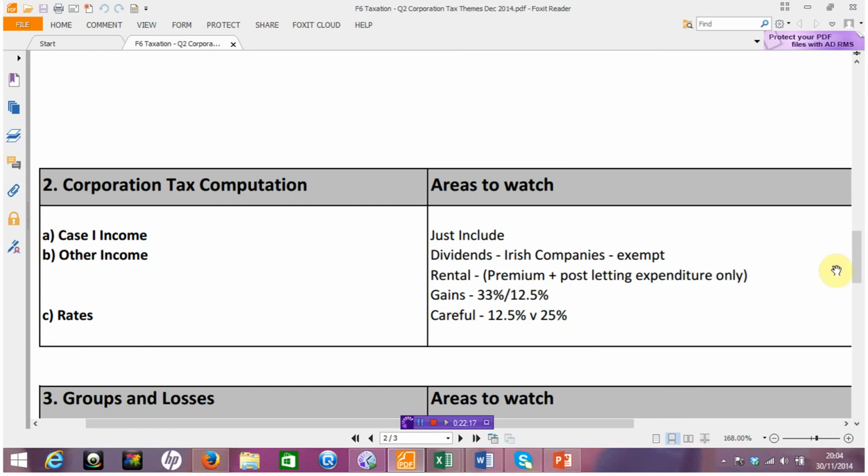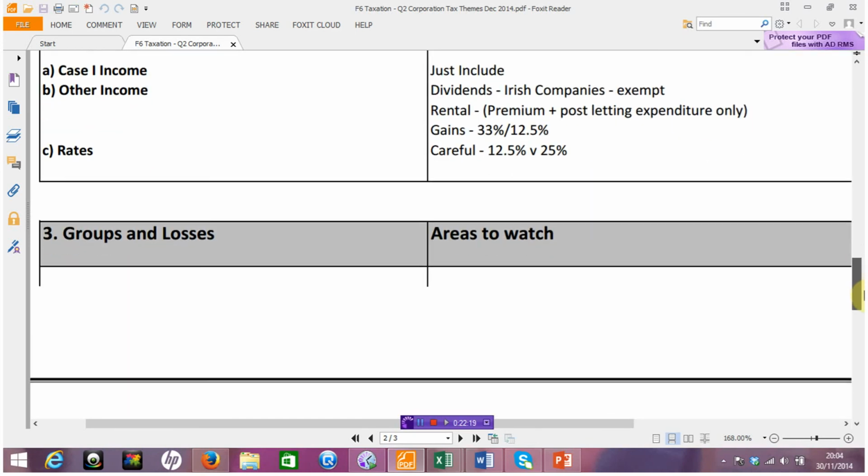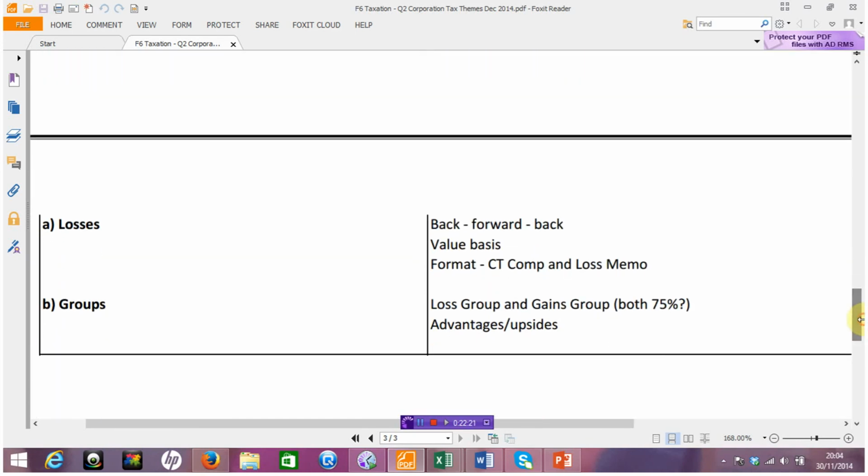So the next part is just this groups area, and again I would expect, as mentioned above, that if losses do not come up in one way, shape or form, it would certainly be a very, very odd paper. I would favor losses across the board, and certainly for corporation tax losses of some way, shape or form.